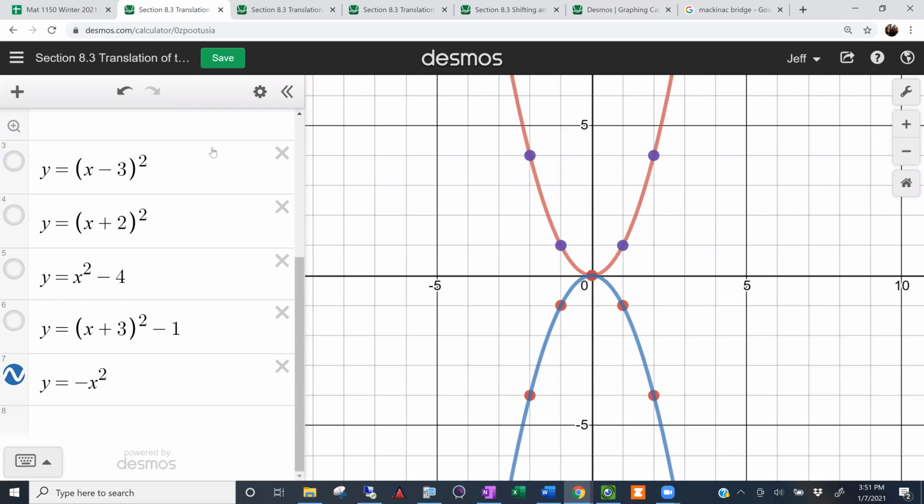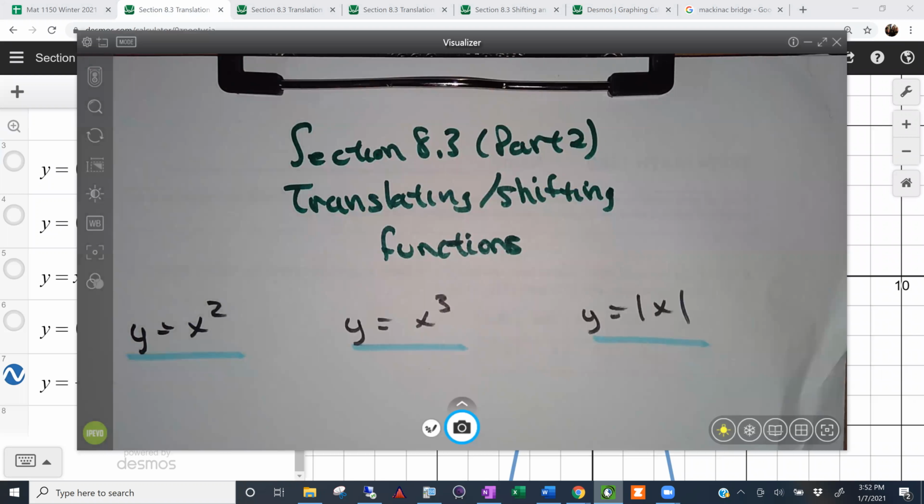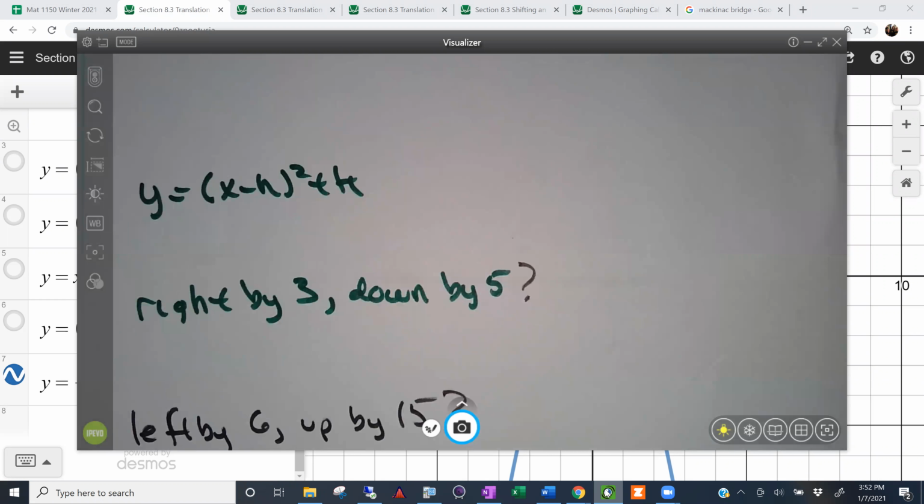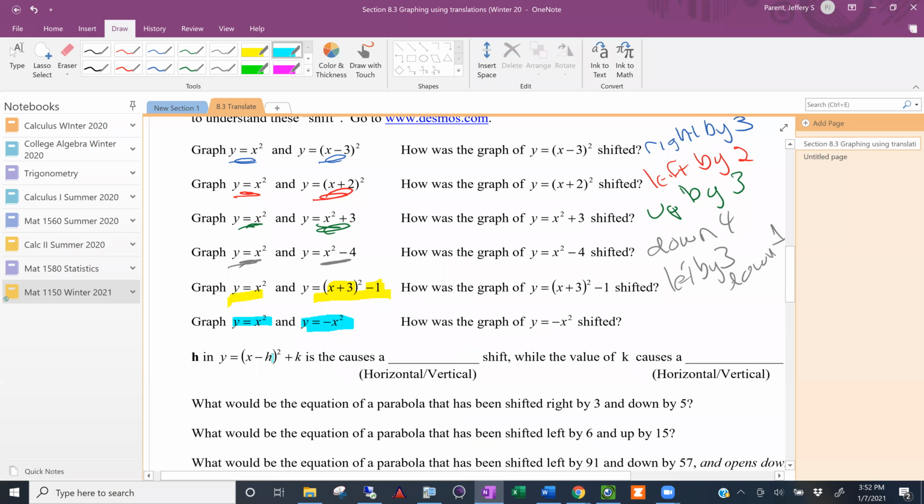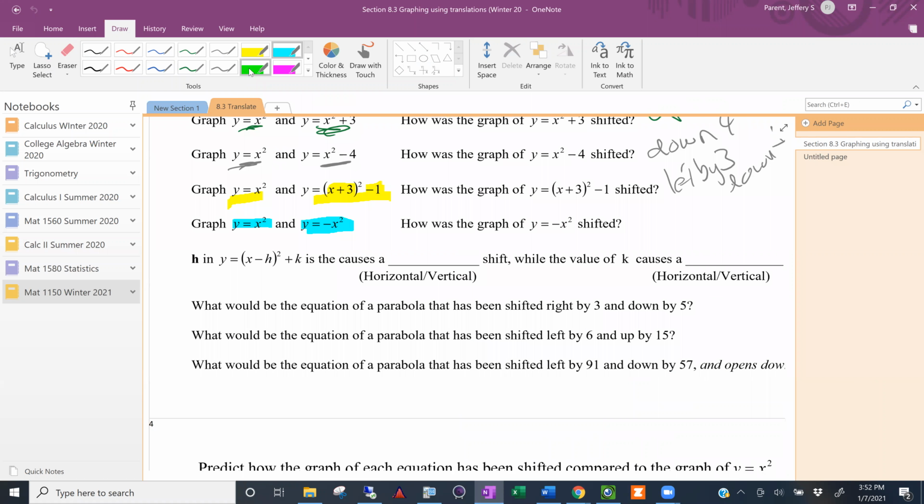There's a couple things that I want to highlight for us here in terms of translating functions. And it's in keeping with the handout here. It's asking you what happens with the h, what kind of translation does that cause? What kind of translation does the k cause?